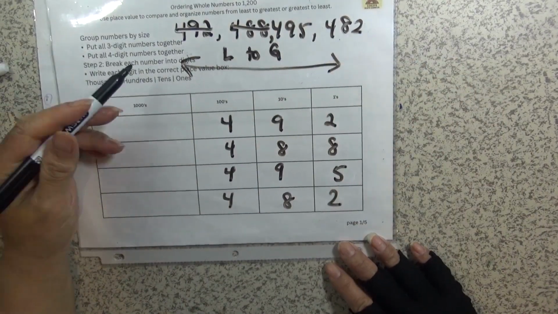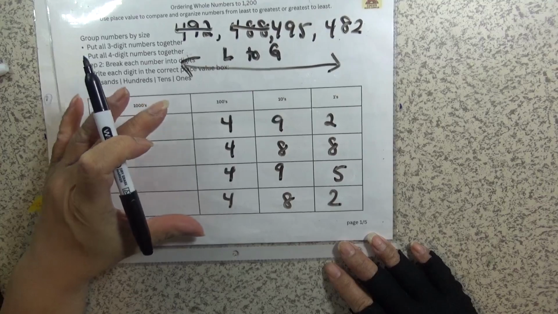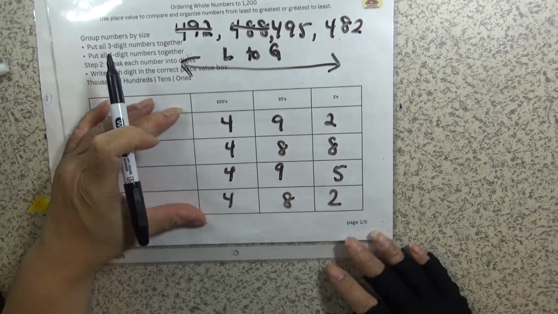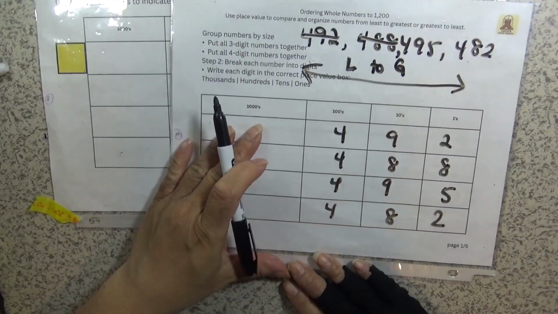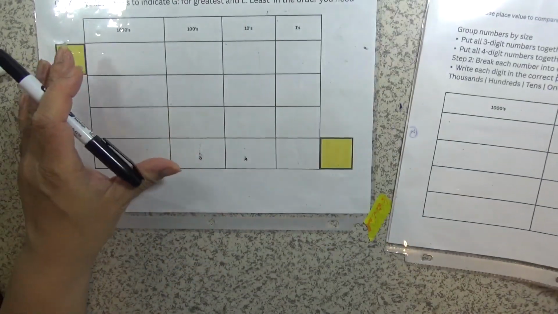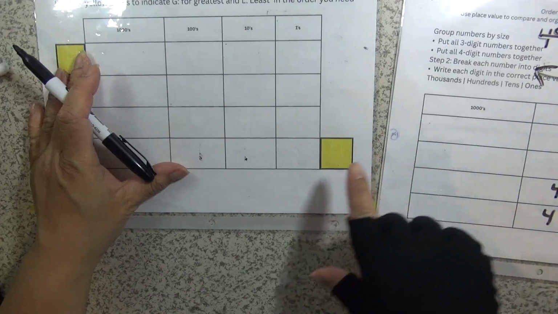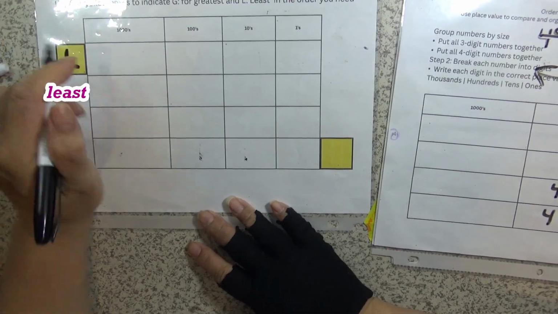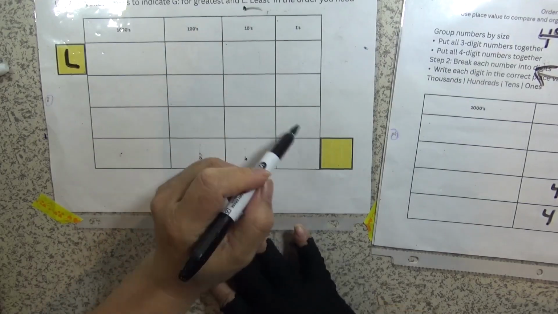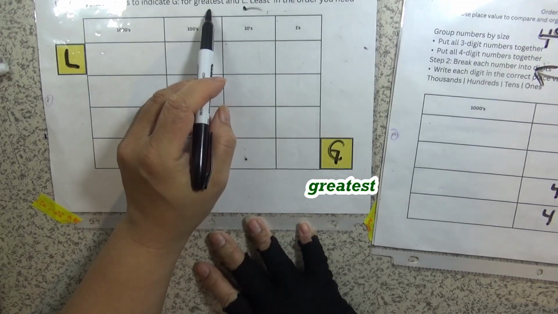I have to put these numbers in least to greatest order. So what I did was I followed up this chart with another one, but this time I'm going to put an L right here for least, and I'm going to put G for greatest.